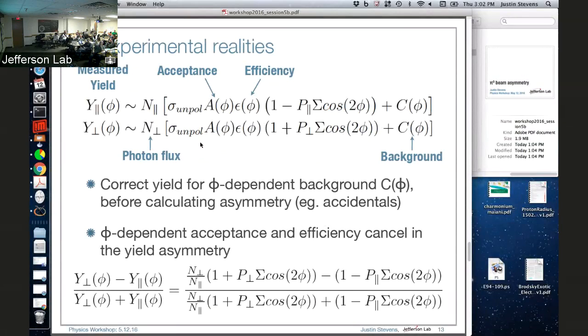Yes, the sum gives you a measure of the difference in polarization. Well, it can be related to the difference in polarization or an incorrect normalization. So there's no phi dependence? Well, it can be.